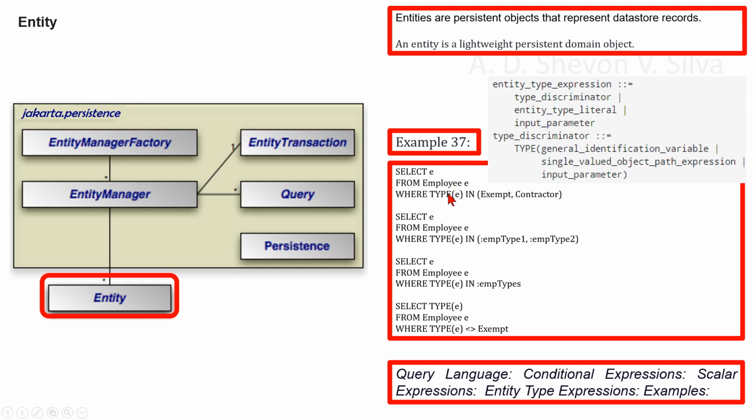The entity type literal is designated by the entity name. The Java class of the entity is used as an input parameter to specify the entity type.